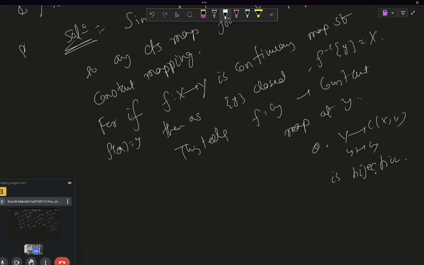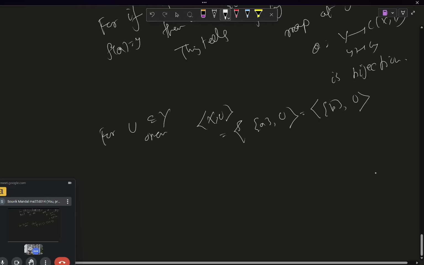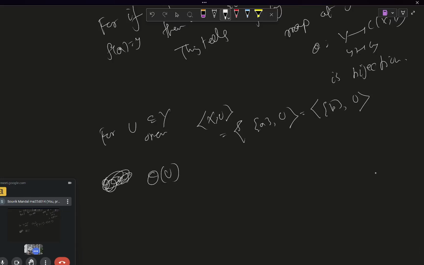And also, for U open in Y, the bracket [X, U] is nothing but the bracket [{a}, U], which is equal to the bracket [{b}, U].